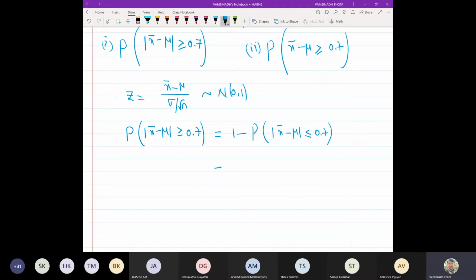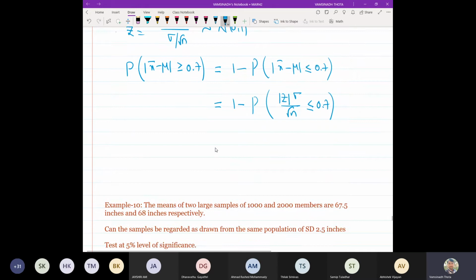So that is equal to 1 minus the probability that mod z times sigma upon root n is less than or equal to 0.7.